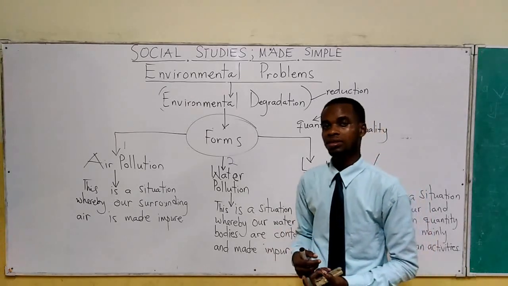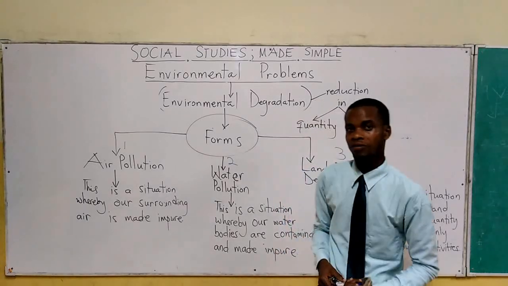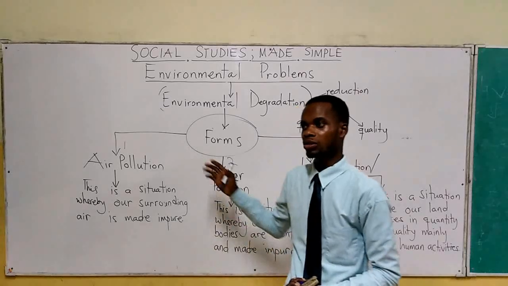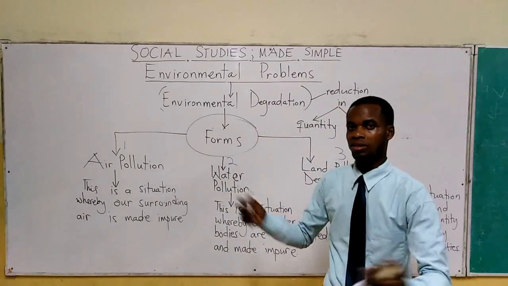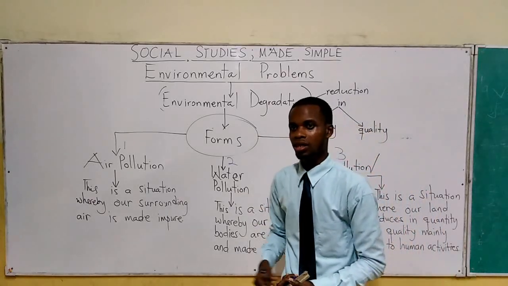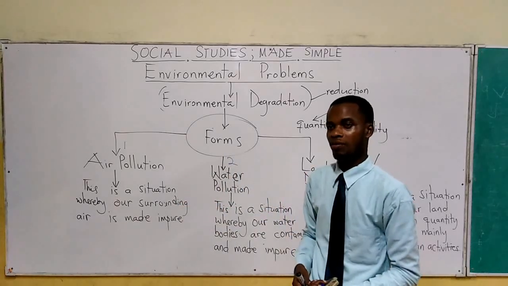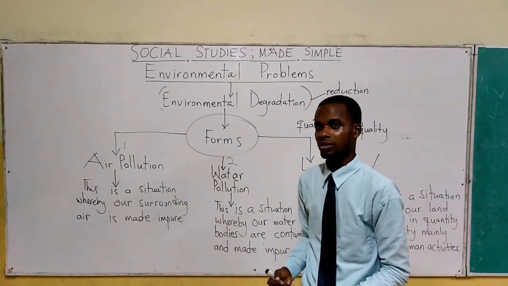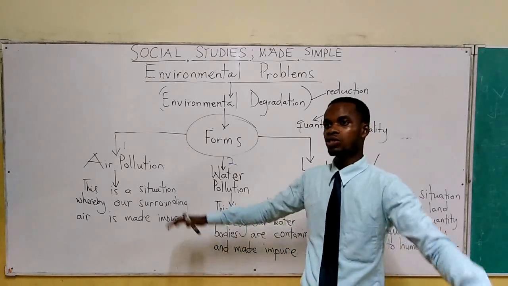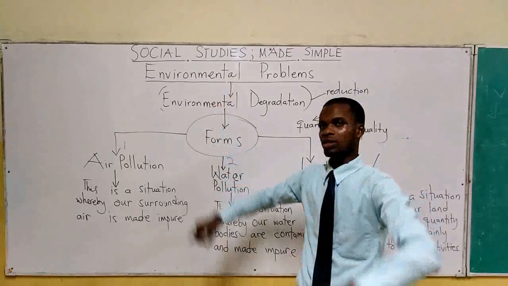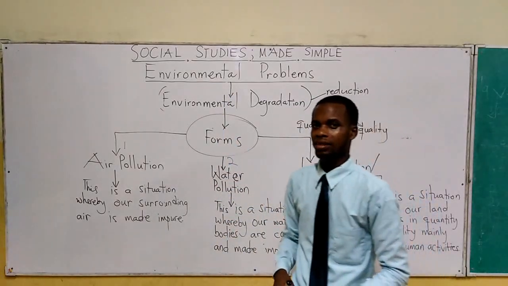Our government must help us, and the law enforcement agencies on environment should step in and make sure that people don't cut trees indiscriminately, and then they don't remove the vegetative cover, that's the trees and the plants, because we need them. We need them for the oxygen, and we need them to also shield the land so that the direct sun will not cause the land to become desert.